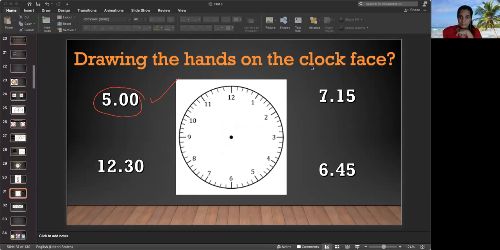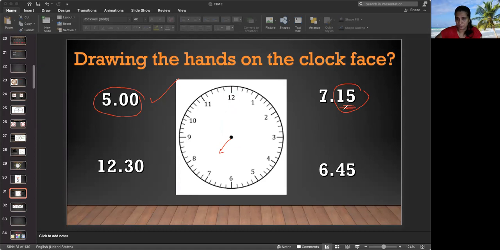Now, what if it's like this, 7:15, which means what? 15 minutes have passed since 7 o'clock. 7:15 means 15 minutes past 7. So earlier my hour hand must have been at 7, but now it would have moved a little bit, but not so much because it's only 15 minutes.